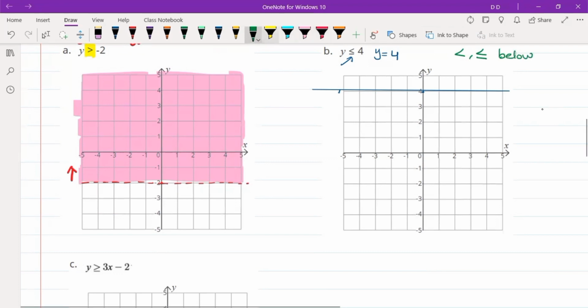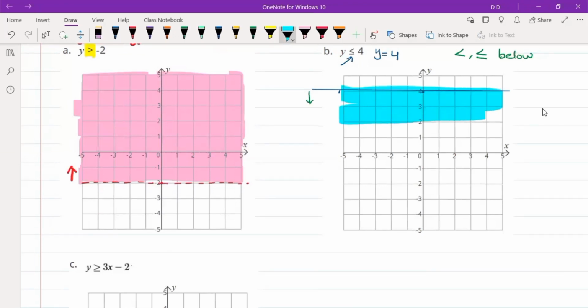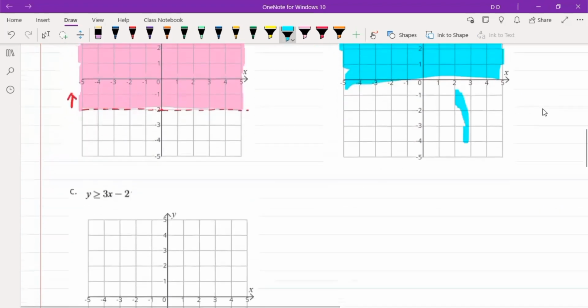We need to shade which area? Below the line. Which side is below the line? This one, this side. So we need to shade below the line. So I will shade that area under this line. I hope it's very much clear.